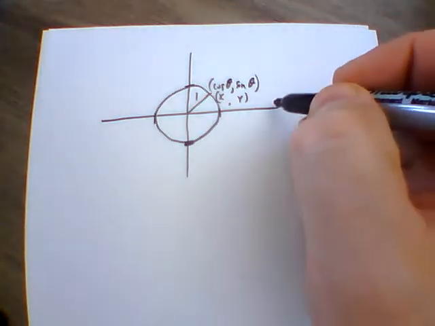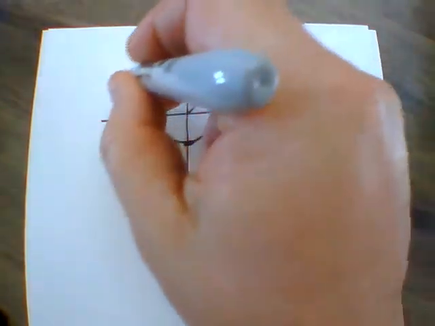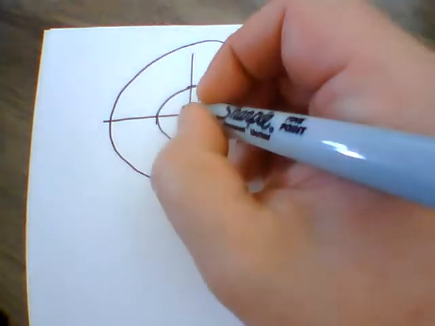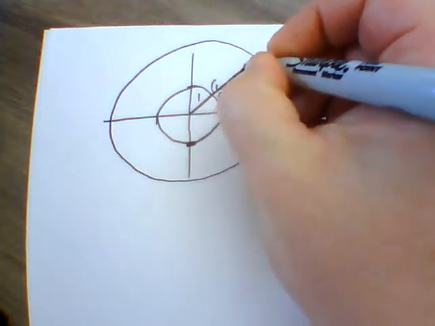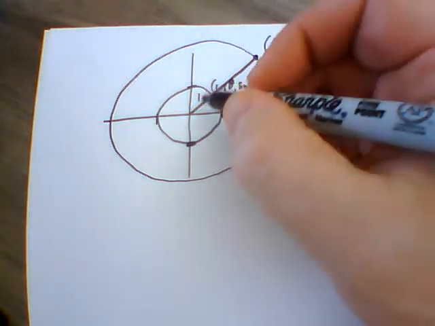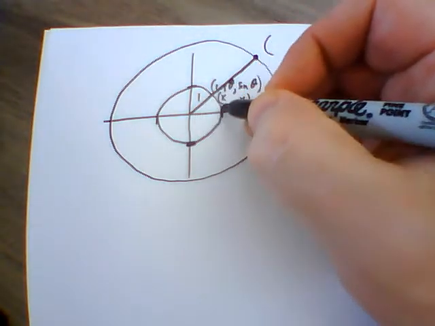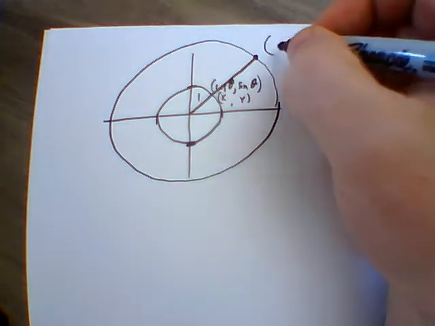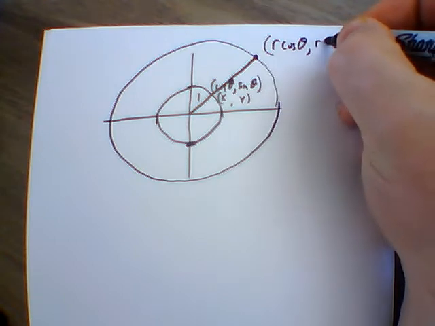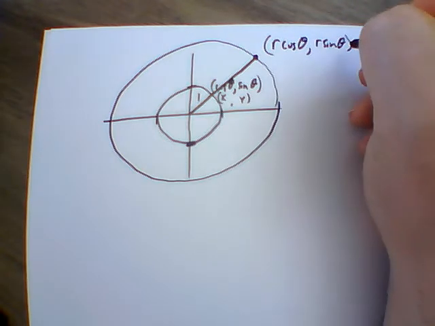Well, what happens now is we start considering what happens to larger ones. As we start extending this out, we start noticing that because it's a 1 here, it's really a scale factor being multiplied in here. So r cosine theta and then r sine theta.